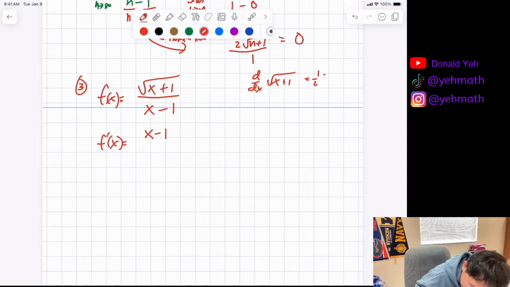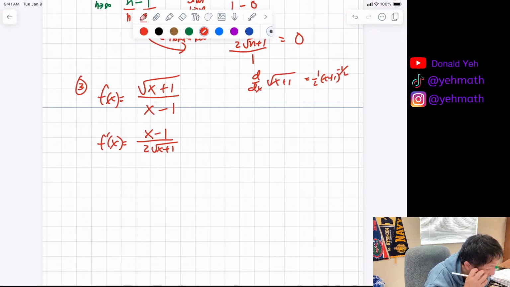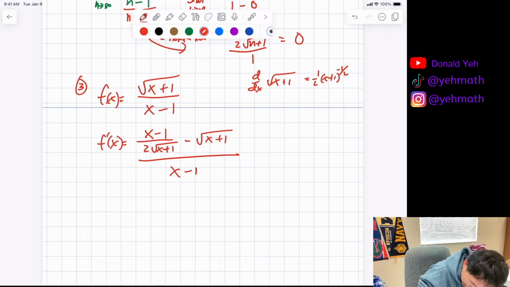So 1/2 times x plus 1 to the negative 1/2, right? So can I just write 2 square root of x plus 1? Is that okay for everybody? Minus square root of x plus 1, because low D high minus high D low over low low.